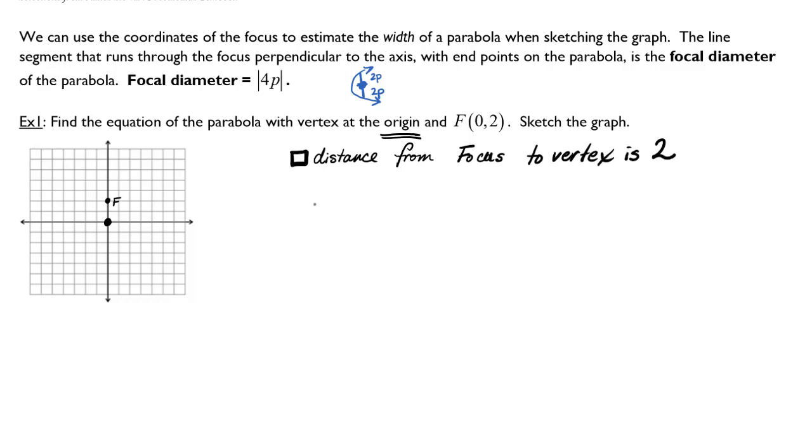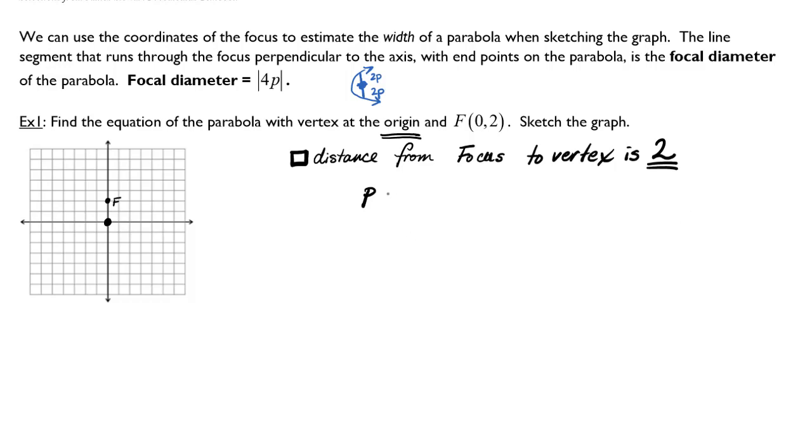If you can understand how important the distance from the focus to the vertex is, then it's going to be easier to graph all these other pieces. Remember that P represents how far it is from both the vertex to the focus and also the vertex to the directrix.